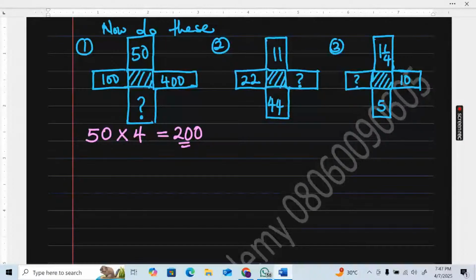Awesome. Now let's move on to number 2. How do we figure out the number on the left? Listen, everybody. If you want to get the number on the right side, multiply the number on the left by 4. 4 is a common factor to all the diagrams.